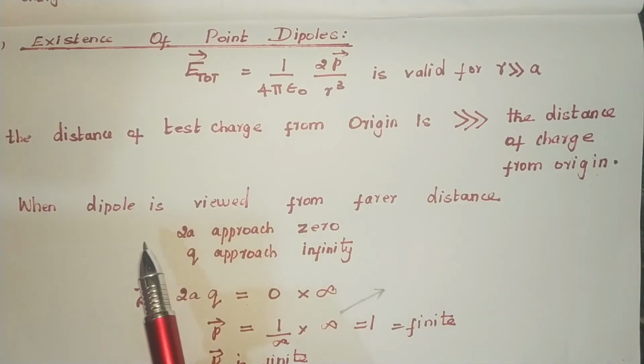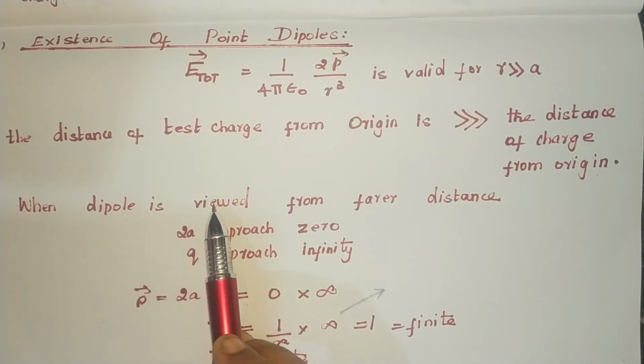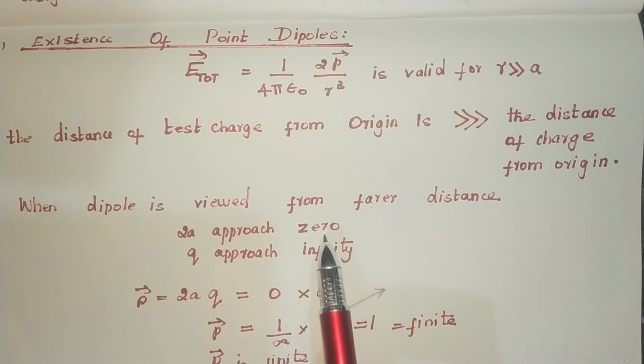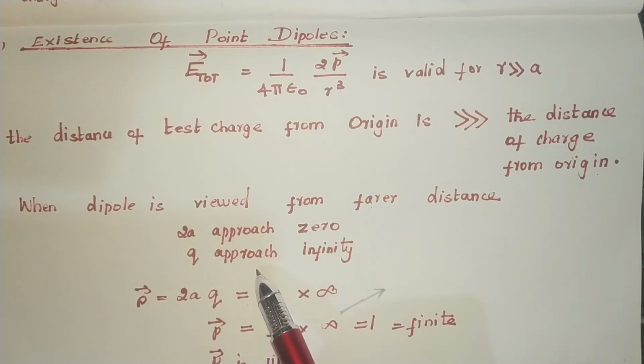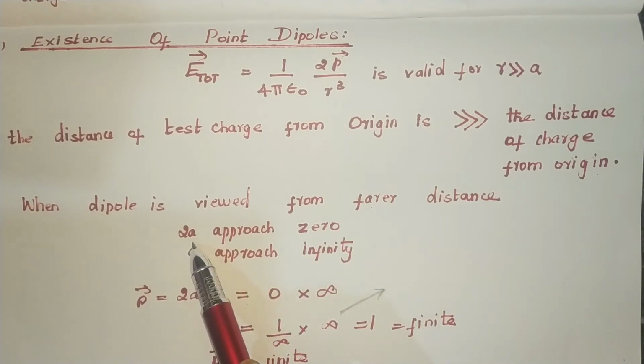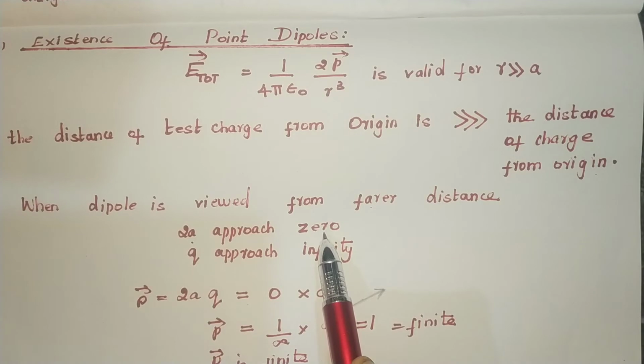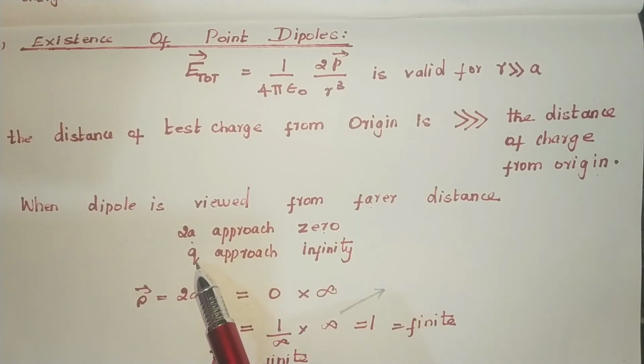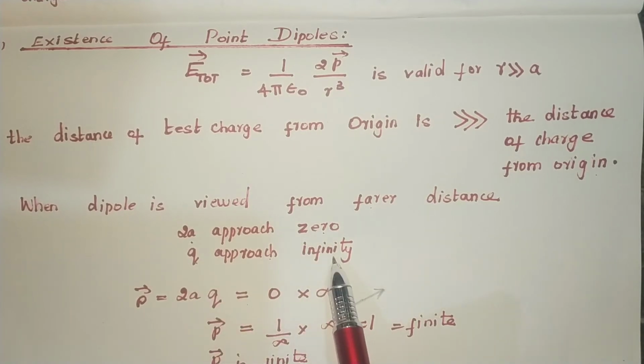Okay? Now the dipole is viewed from a farther distance. When the dipole is viewed from a farther distance, what happens? The distance between the charges minus q and plus q is 2a. It is approaching 0, and the charge is approaching infinity.